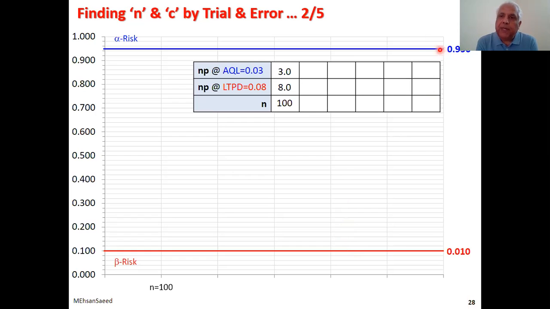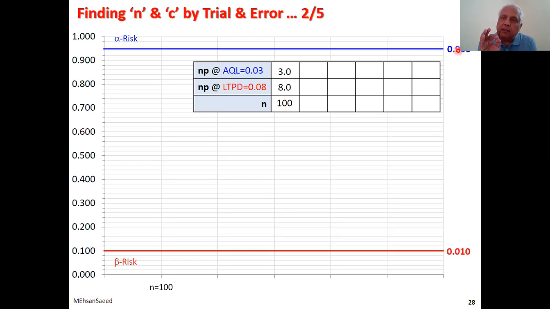Again, because alpha risk is 5%, complementary of 5% is 95%, 95% probability of acceptance. Because when we say 5% alpha risk, this is the 5% probability of rejection. So if 5% is the probability of rejection, what will be the probability of acceptance? 95%.